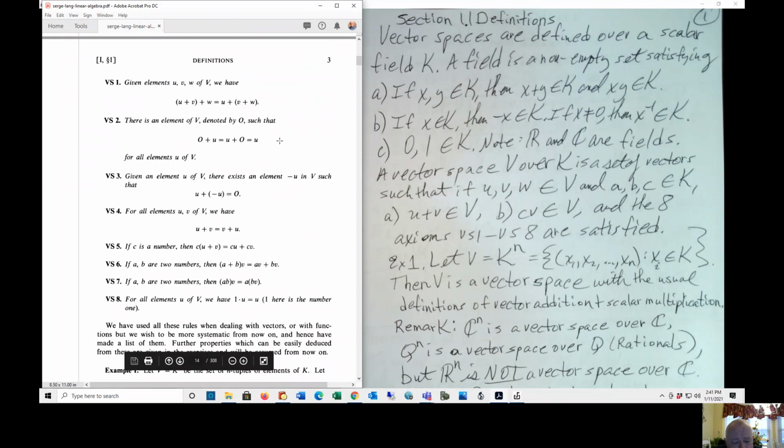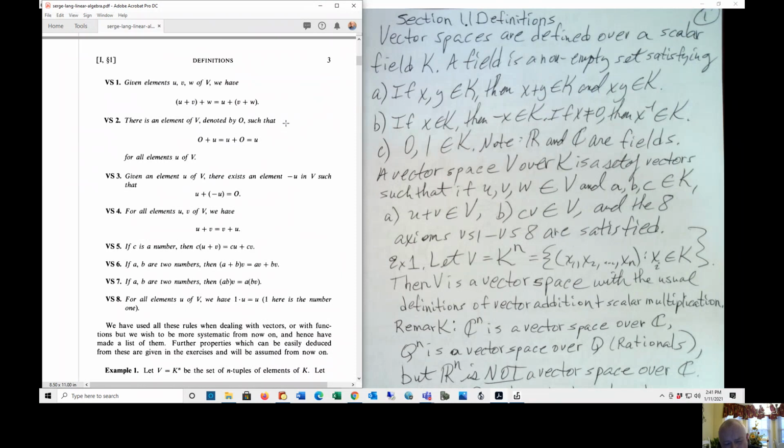Remember that the operation of addition and of multiplication is a binary operation that you only do on 2 elements at a time. So you only add 2 elements at a time. So it doesn't matter if you add u plus v and then tack w to it, or start out by adding v and w and then tack on u to it afterward. It's the same thing, isn't it?